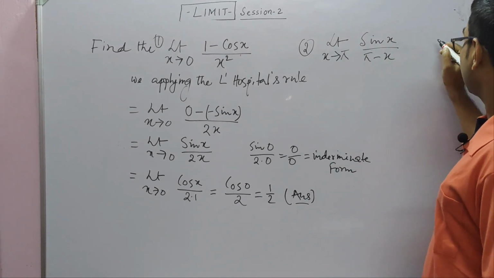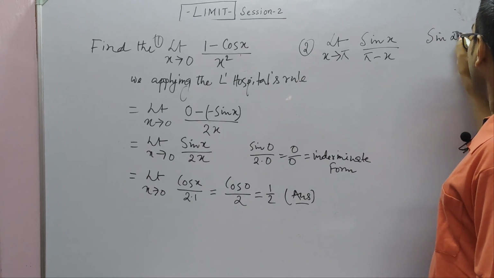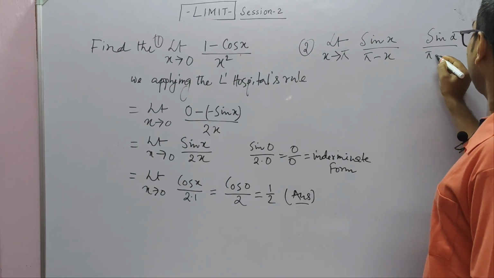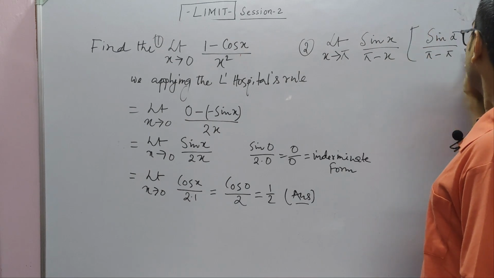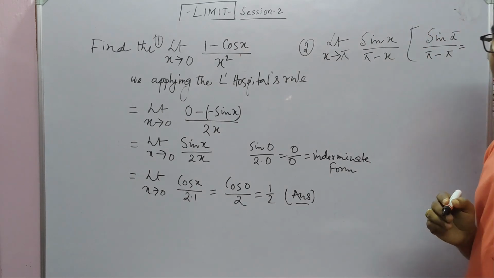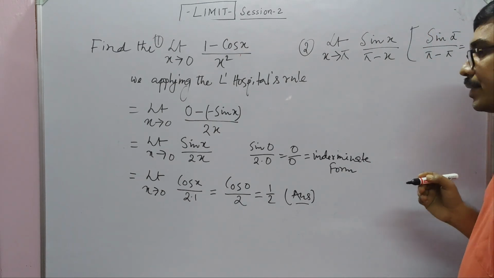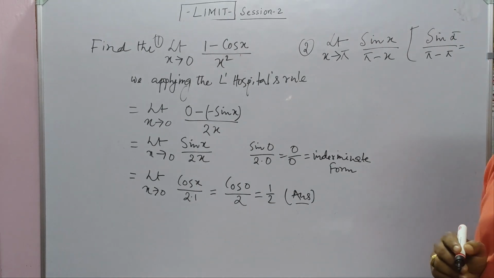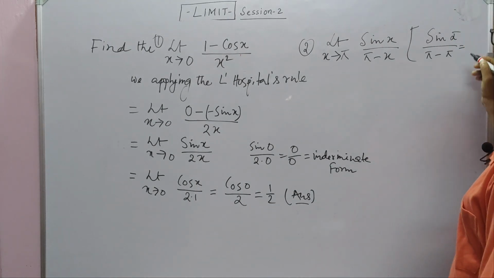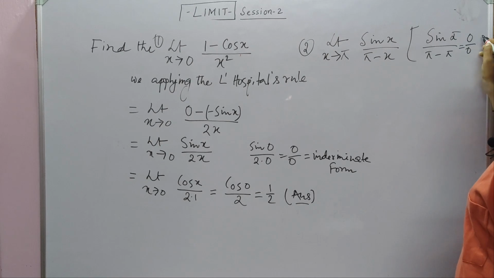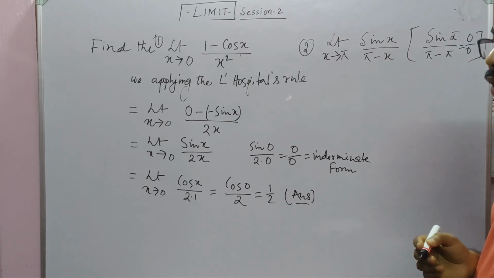Now put in sin pi by pi minus pi, that is sin pi equal to sin 180. Sin 180 means sin 180 plus 0, on the second quadrant, so 0 by 0, that is the indeterminate form.